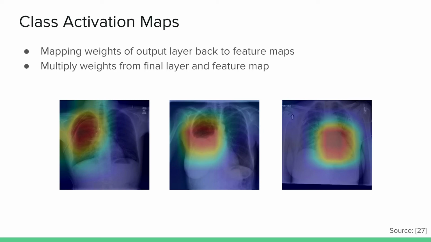We take those features, multiply them with the weights of our last layer, and that gives us an activation map which says which features were related to which part of our last layer, which still has the spatial information for images, for example.